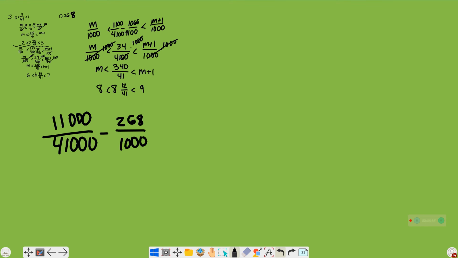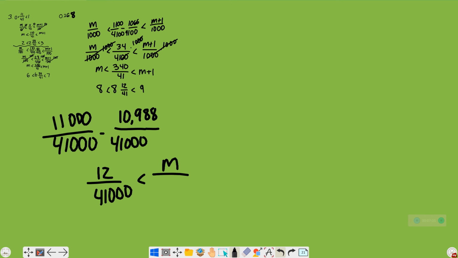On the other side, we want to multiply by 41, so we have the same value. So we need to do 268 times 41, which is 10,988. When we subtract that from 11,000, we are left with 12 over 41,000. And we're finding the 10,000ths spot.